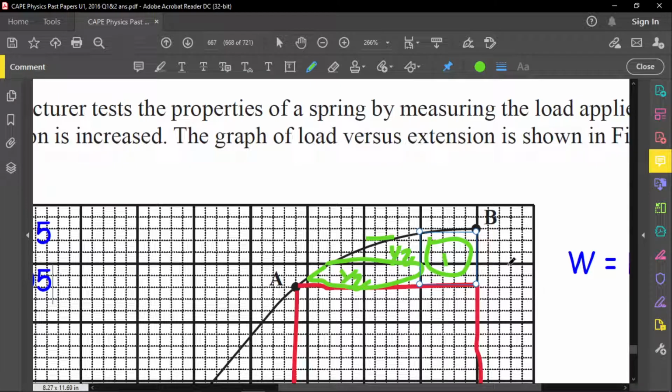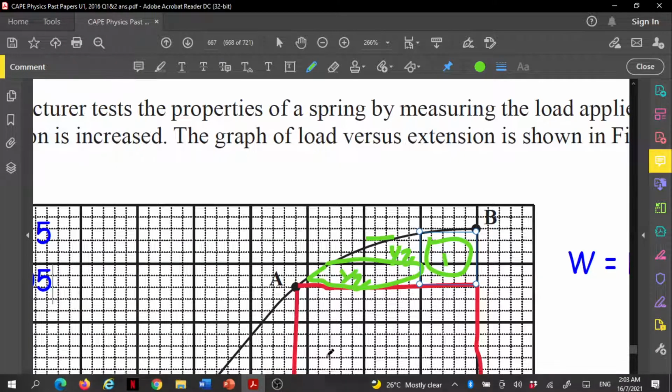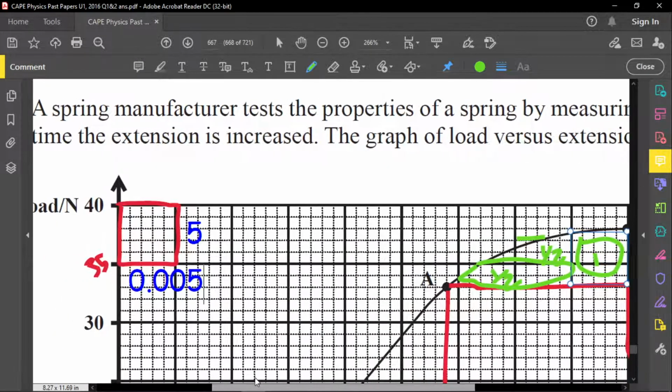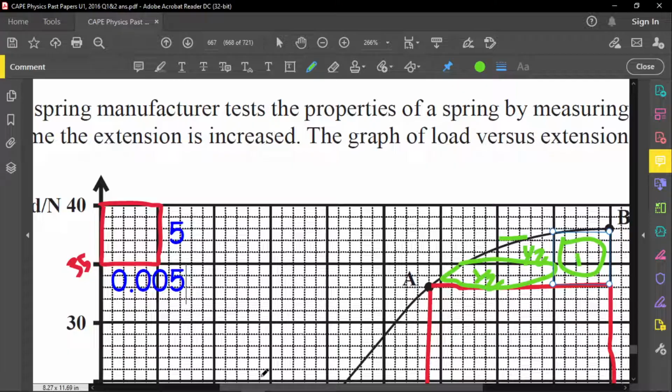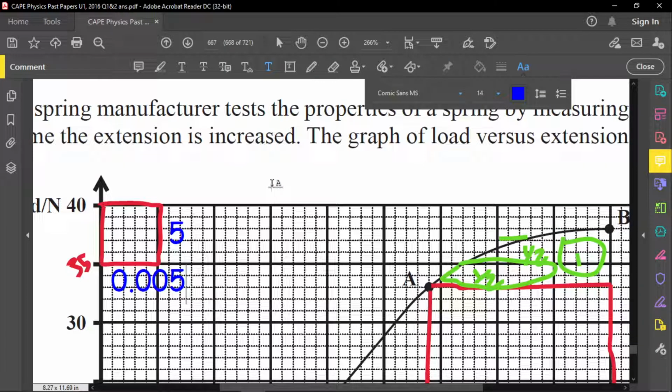And so if we have 2 squares, and remember that 1 square is equivalent to, let me go back to it, 0.005 as a base, and the height is 5. So if we have 2 squares, we can say 2 squares multiplied by the base, 0.005, multiplied by 5.